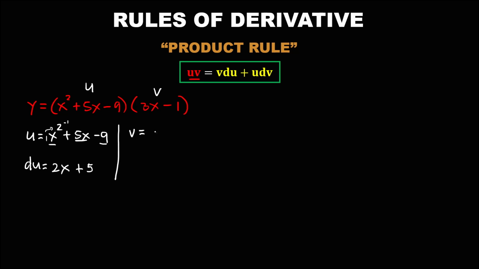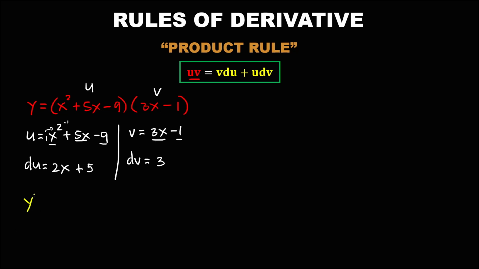Then for v, v is 3x minus 1. Then for the derivative of v, the derivative of 3x is 3, and this is a constant. So dv is equal to 3.